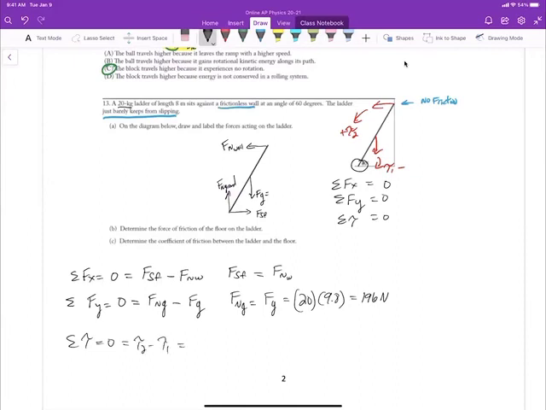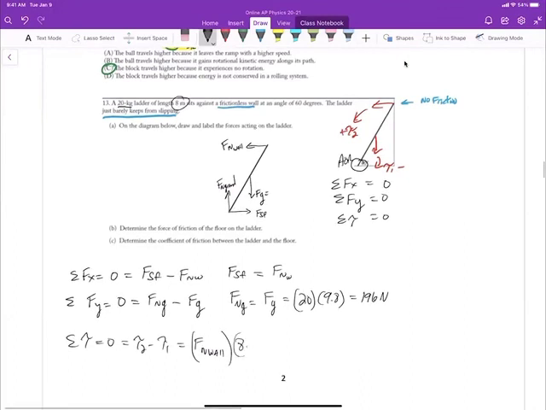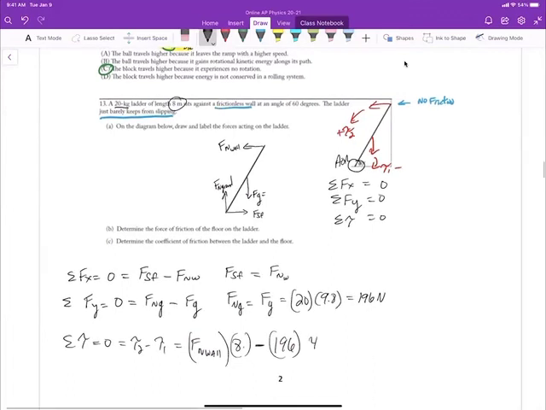So torque 2, based on this axis of rotation, is the force normal of the wall times the total length, which they gave me as 8 meters, minus the force of gravity, which we know is 196 newtons, times its distance away from the axis of rotation, which is 4.